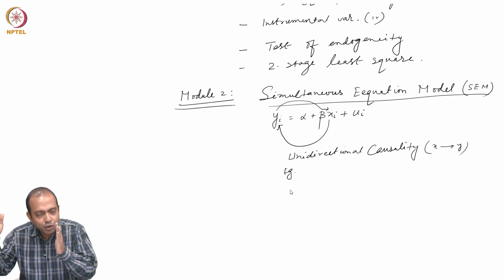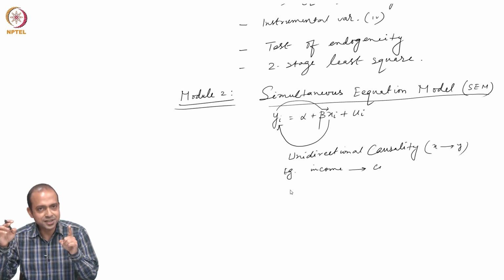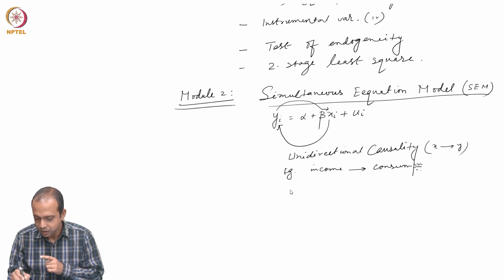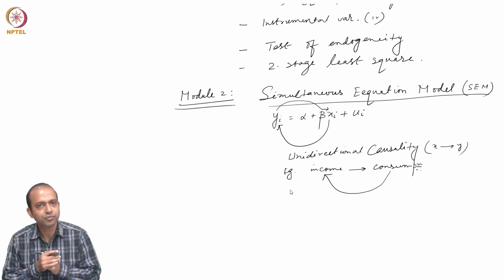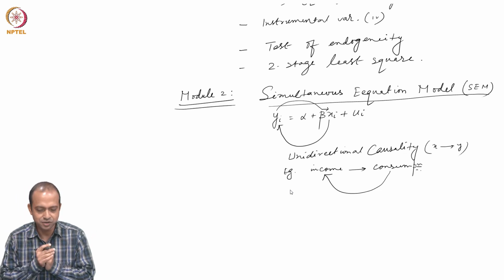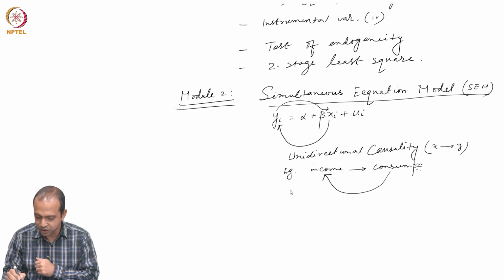Secondly, at the macro level, from the national income identity, y equals c plus I plus g, consumption is actually leading to income. So, the relationship could be bidirectional many a time because of the simultaneous equation nature, and this will lead to bidirectional causality.